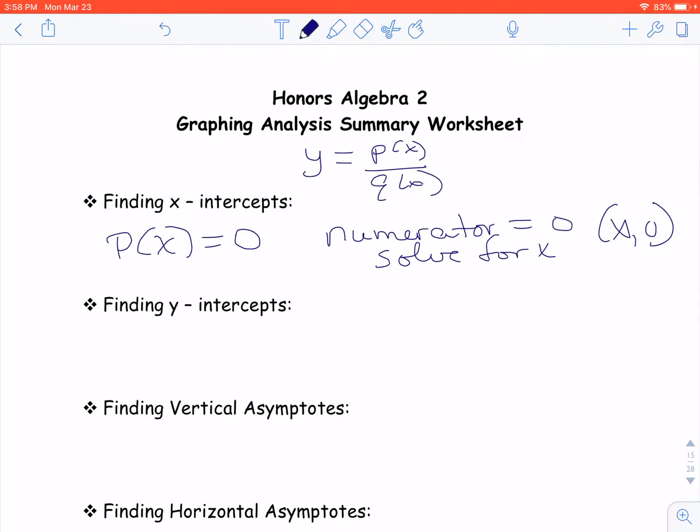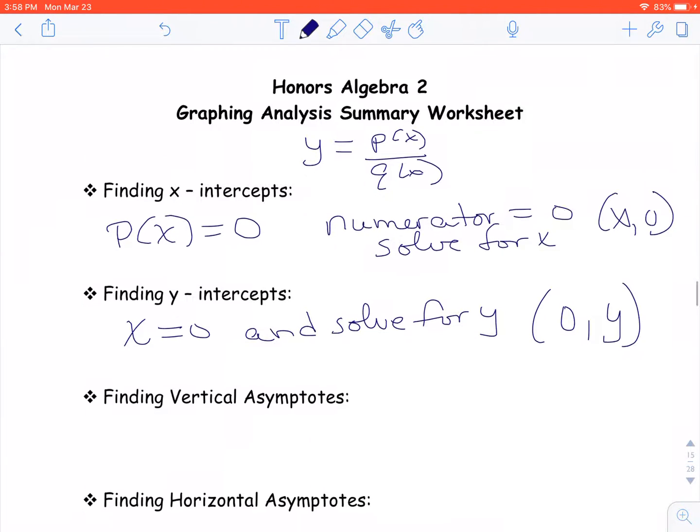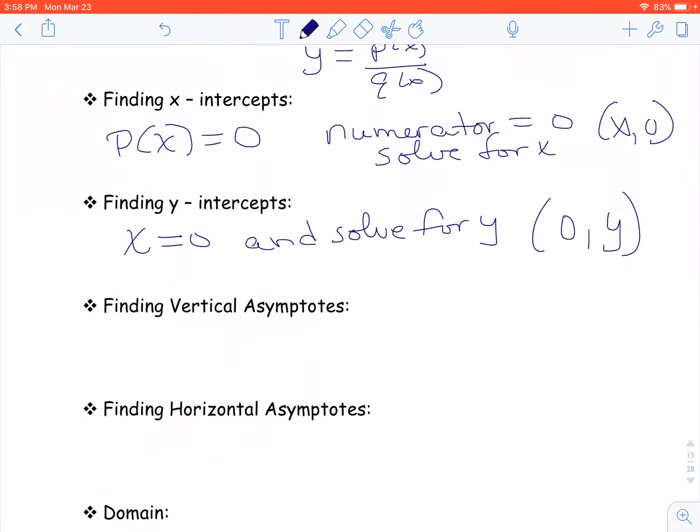Finding the y-intercepts, that's when we set x equal to 0 and solve for y. Your ordered pair should be 0 comma y. Vertical asymptotes, that's when we use the denominator, q of x, and set it equal to 0.